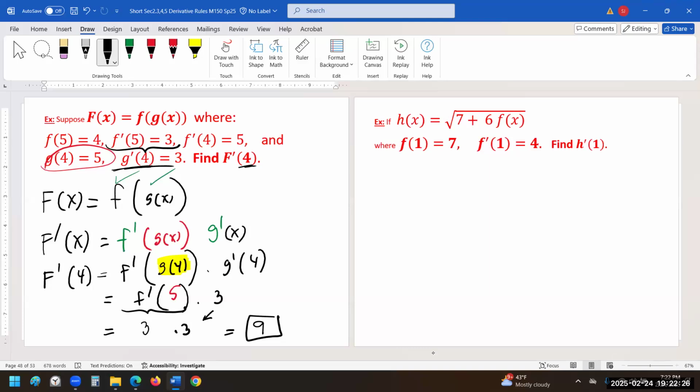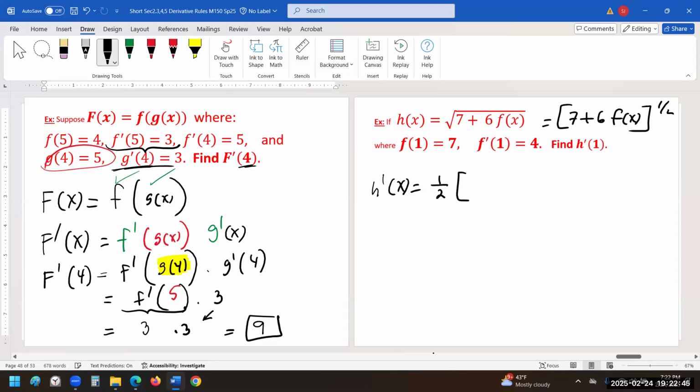Let's do the last one real quick. Sounds fun. Looks fun. So we have h prime. So it's 7 plus 6 f of x with the power 1/2. So 1/2 comes down, 1/2 minus 1. That's the outer function we are changing. That means you have to leave the inner function the same.